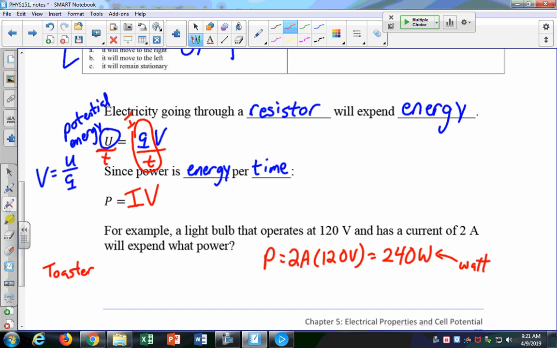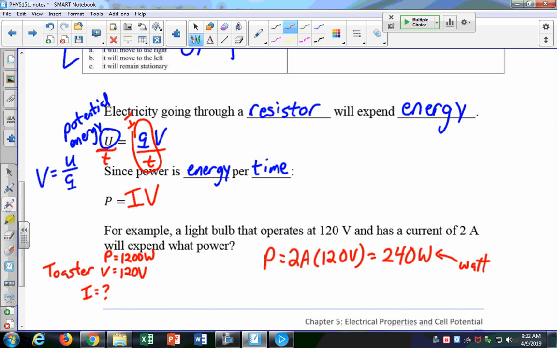If you're going to have a toaster hooked up on this circuit, then it has a power rating of, say, 1,200 watts. Toasters use a lot of energy. Anytime you're producing heat with electricity, it requires a lot of energy. And the voltage in your house is 120 volts. And so they ask, what is the current that thing's going to pull?